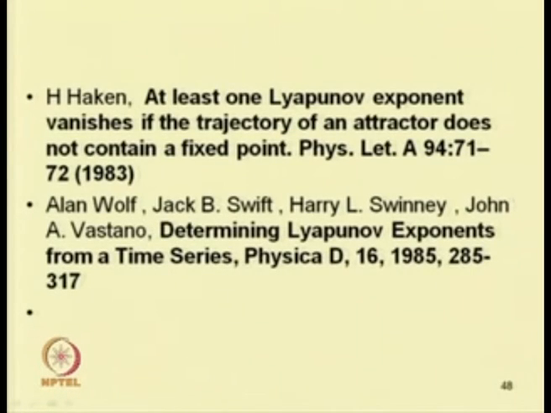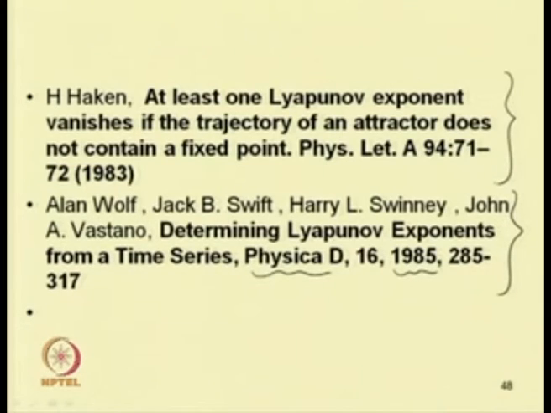So, one can use this method by Wolf, Swift, Swinney and Vastano, determining Lyapunov exponent from a time series, published in Physica D in 1985, to obtain the Lyapunov exponent for systems with experimentally obtained response.